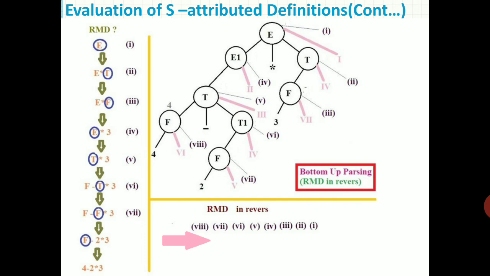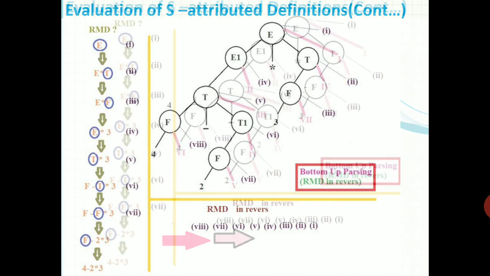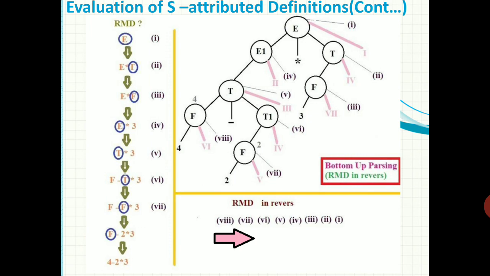So in the 8th derivation, the value of 4 is assigned to the non-terminal F. That is the first step. The second derivation in the rightmost derivation in reverse is 7. So the next step is the value of 2 is assigned to F.